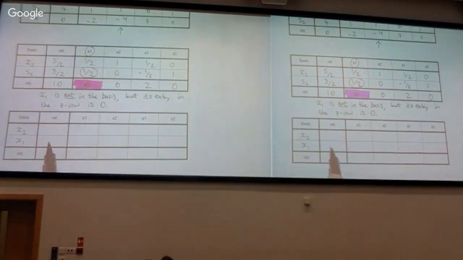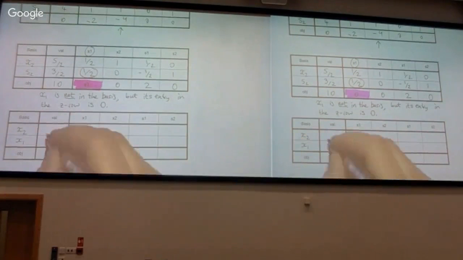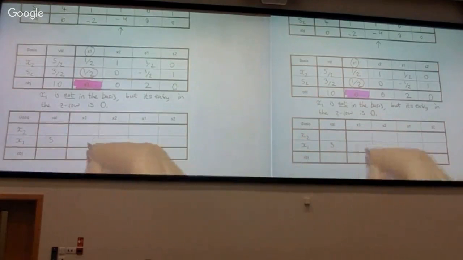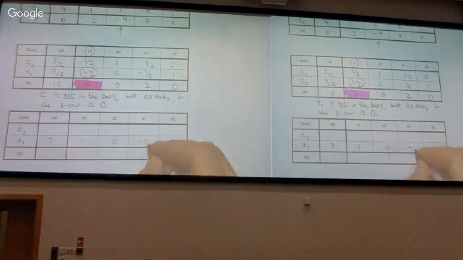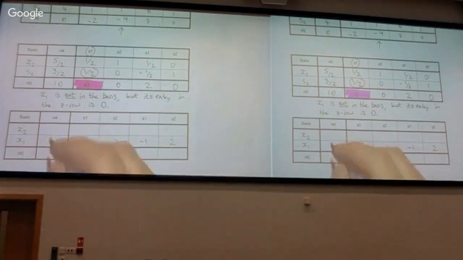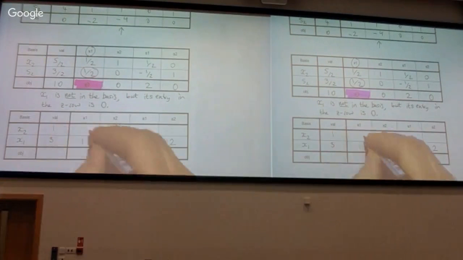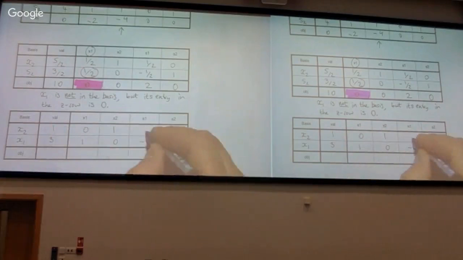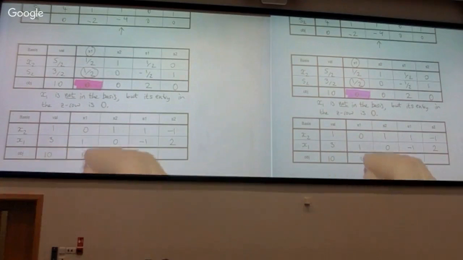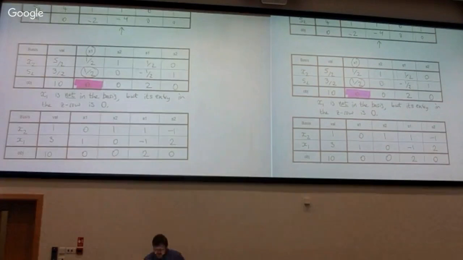The pivot row is just multiplied by 2, so we should get 3, 1, 0, minus 1, 2. And when we row reduce, we get 1, 0, 1, 1 minus 1 is the x2 row, and 10, 0, 0, 2, and 0. In fact, we have to get the same objective row because there's already a 0, so there's no row reduction going on.